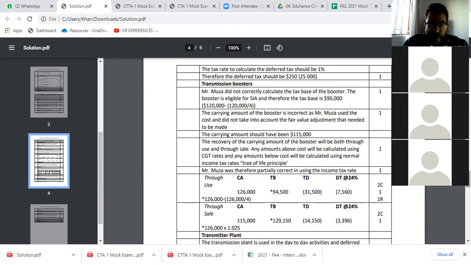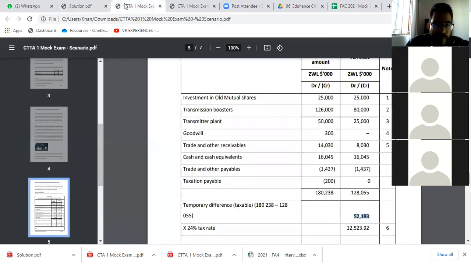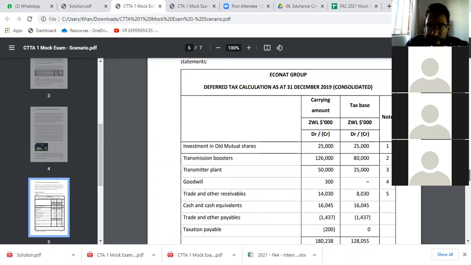We will have to first find out what the tax rule is, what the tax allowances are for transmission boosters, and what the depreciation or useful life is for the carrying amount. Somewhere in the scenario, they must have given it to us. So let's go to the answer and go look.